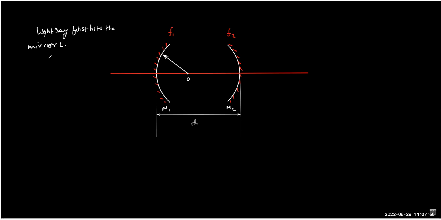This is what normally happens. If light is going and hitting the first mirror, then the first image formed by mirror one will act as the object for mirror two, and then mirror two will form an image of that image, because that is acting as the object.